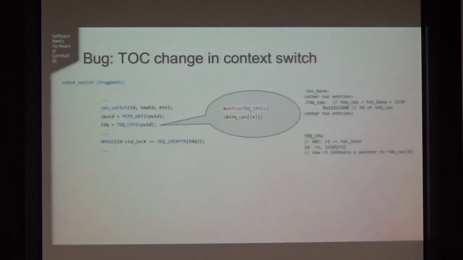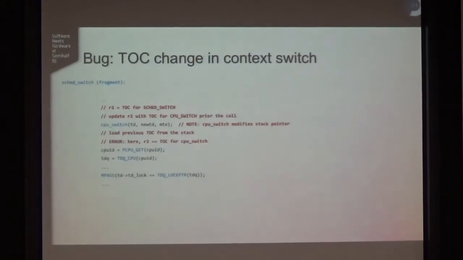So if we have a TOC which is messed up, for example, if R2, which points to the TOC table, is not set for the function we are expecting, we could access some random part of memory. This time we were very lucky because we detected this with a cassette. But if the cassette was not available, we would probably end up with random memory corruption, which would be impossible to find.